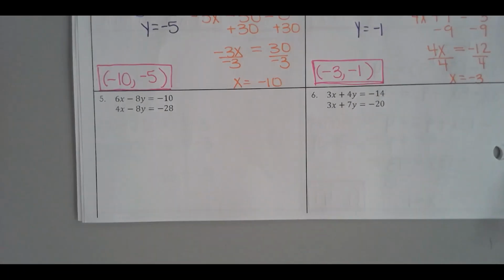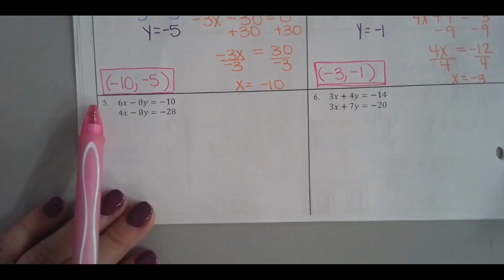Let's say multiply. A negative 8 times negative 1, what do we get? Positive 8. So multiply everything by negative 1 and change the problem.